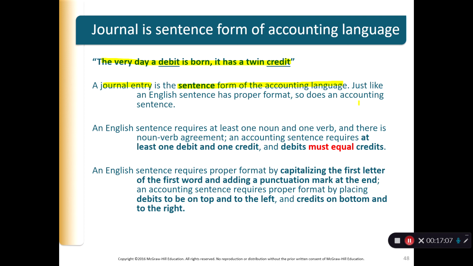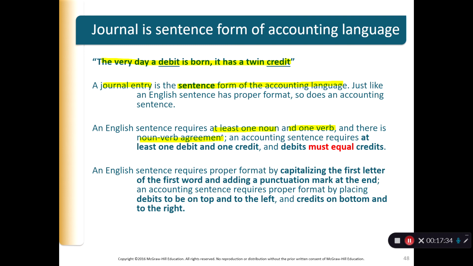The story uses journal entries to record that transaction, and hence the journal entry is a sentence in the accounting language. An English sentence requires at least one noun and one verb, right? And there is a noun-verb agreement as well. If you say I, you have to put am. If you say you, it has to be are. If she, it has to be is. If they, it has to be are. Apples has to use are.